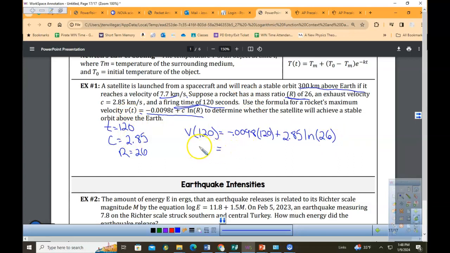Now when I plug that in my calculator, I get 8.1095 kilometers per second. It's going to be my velocity after 120 seconds of firing time. So is that bigger than 7.7? Yes. So that means at some point it'll get 7.7. So yes, the satellite will reach a stable orbit.